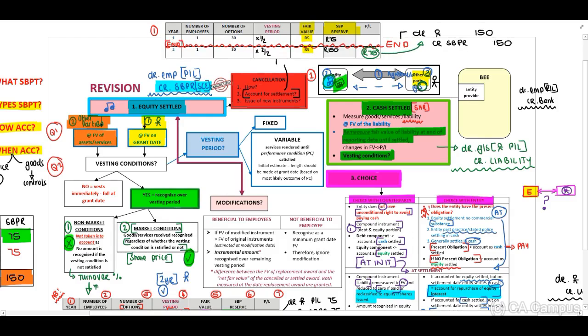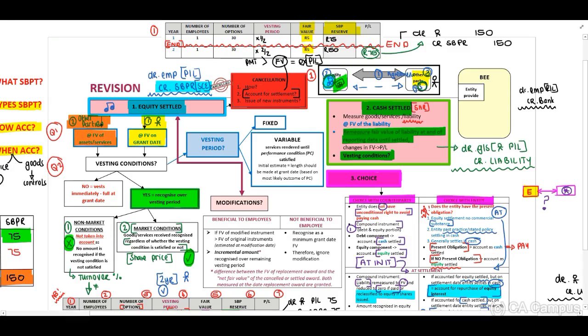What you need to identify is if the settlement, the payment, exceeds the fair value of our equity. Therefore, if our payment exceeds fair value, that excess shall be recognized as an expense in our profit and loss. Then, when there are new shares being issued, you need to identify if this is a modification or not.